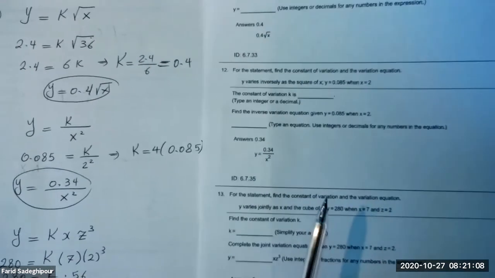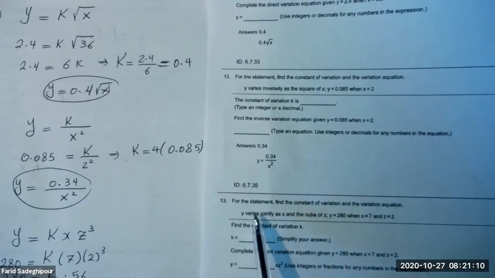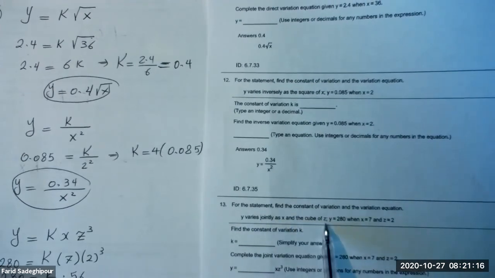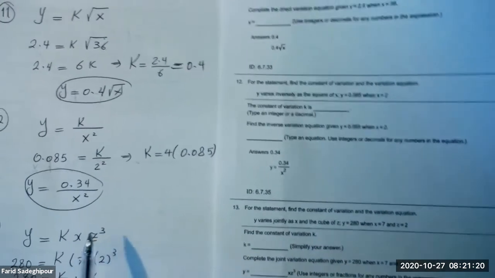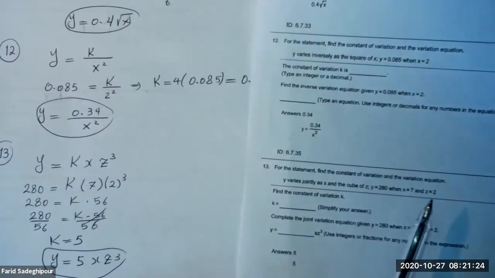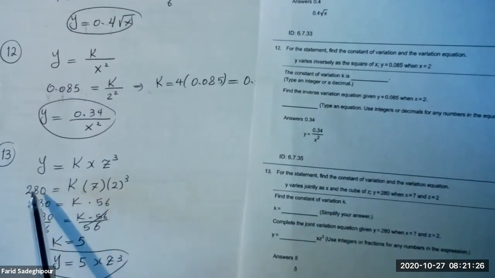And then the last one, y varies jointly. Jointly means you have more than one variable. Y varies jointly as x and the cube of z, meaning x and the cube of z, and both are direct. And then they give you all the numbers, they give you y, x, and z to find your k.